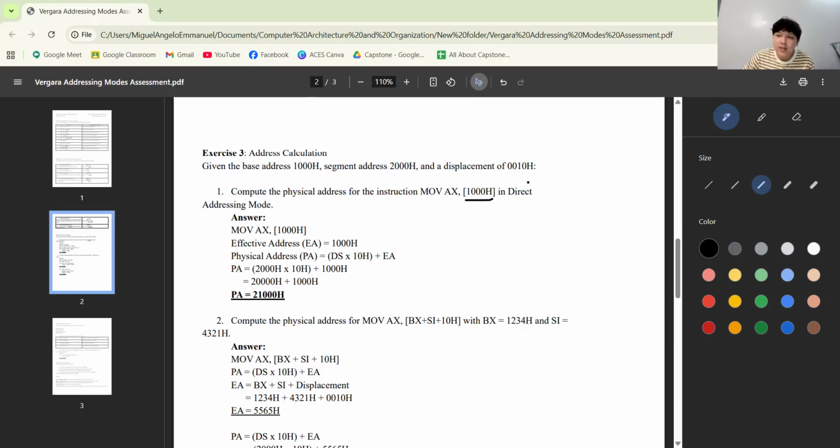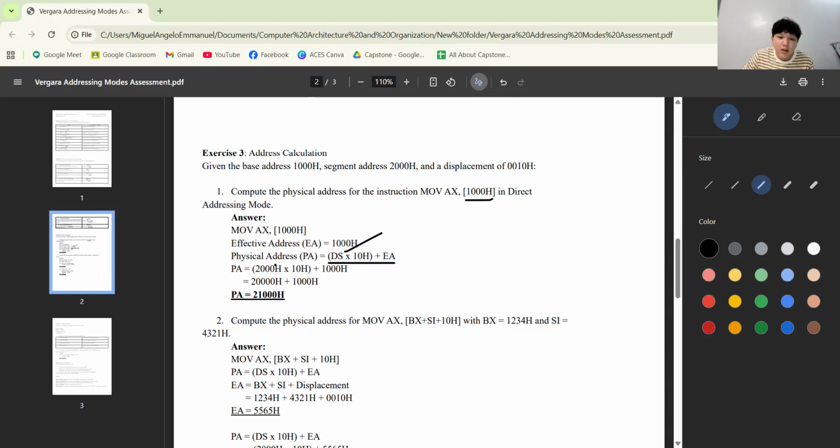And for our physical address or PA, this is our formula: DS, or the segment address, multiplied by 10H plus EA, the effective address, which is 1000H.